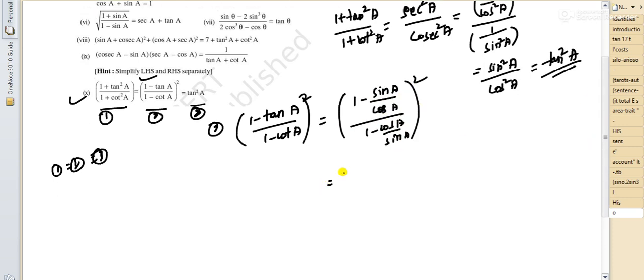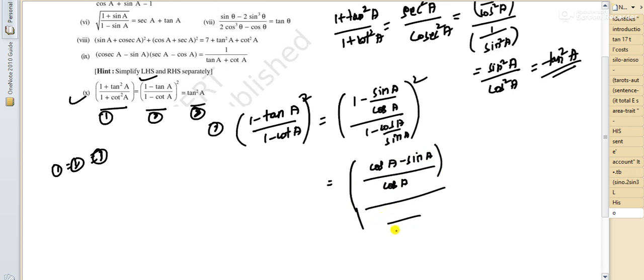So this becomes what? If you take LCM, this is cos a. Here this will be cos a minus sine a, and denominator again sine a. Here you will get sine a minus cos a, and this is whole square.